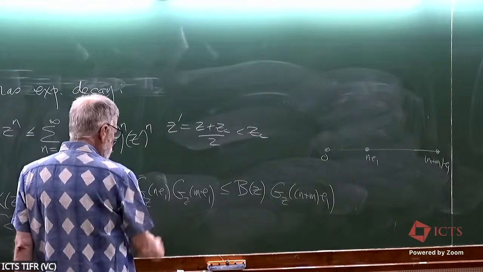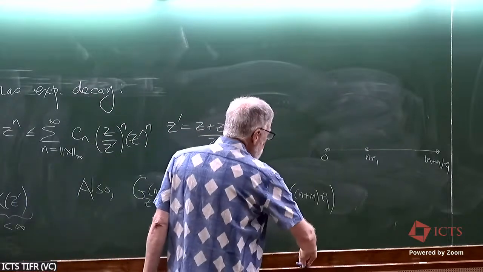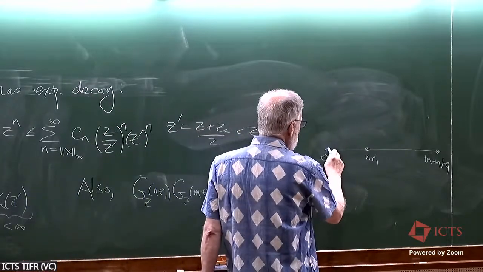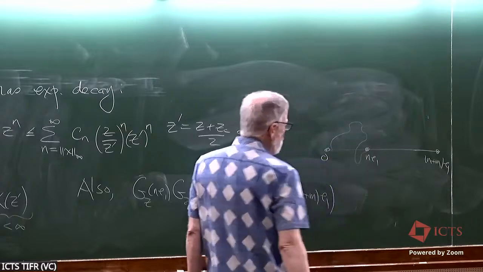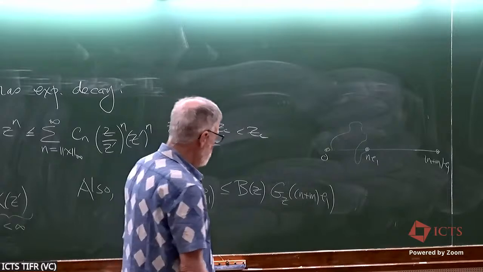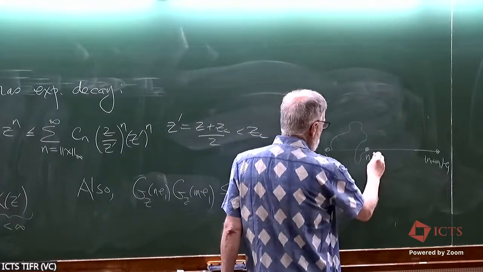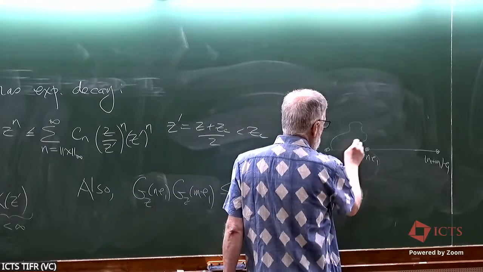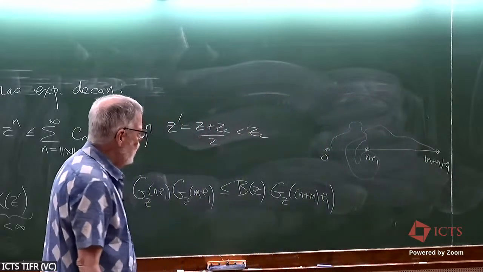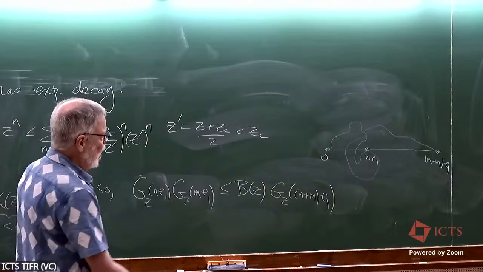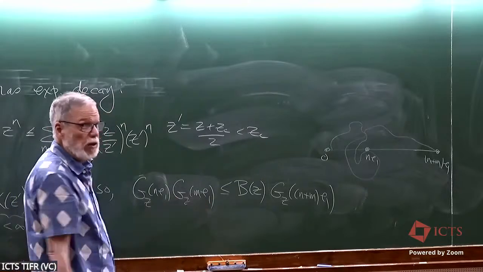So this product here is a product over generating functions for self-avoiding walks that go from 0 to n e_1 with ones that go from n e_1 to (n plus m) e_1, just by translation invariance.